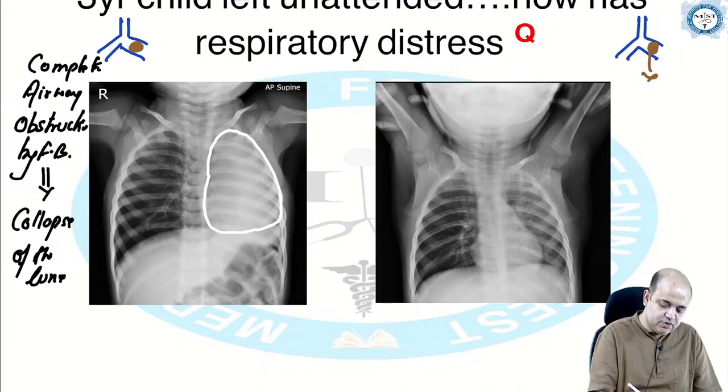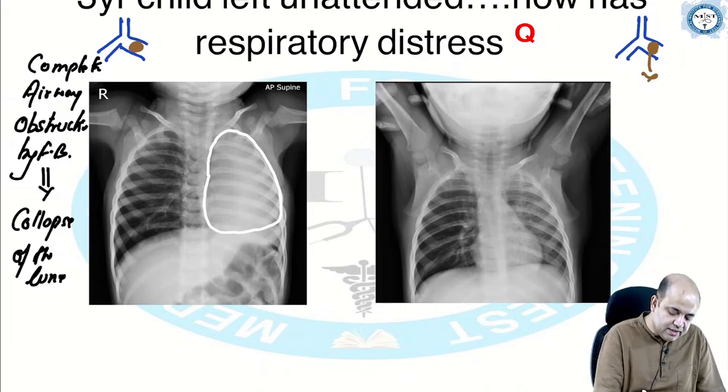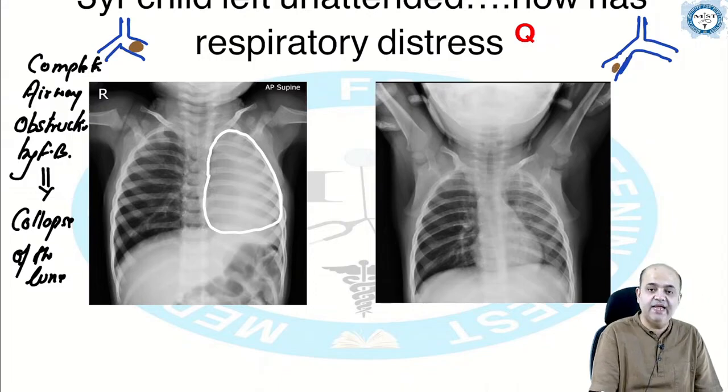In the other situation, there is an incomplete obstruction. There is a foreign body, but it is acting like a ball valve.